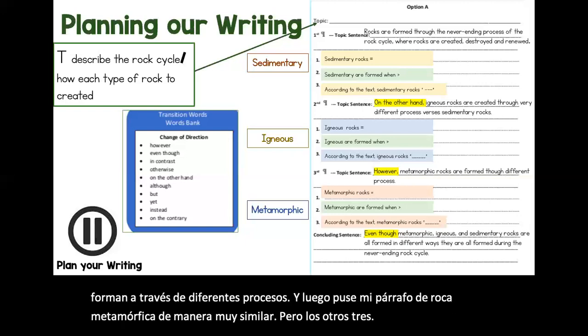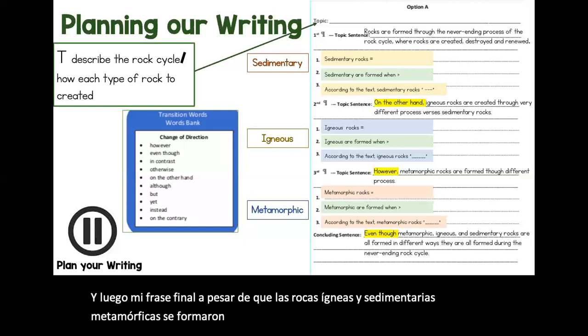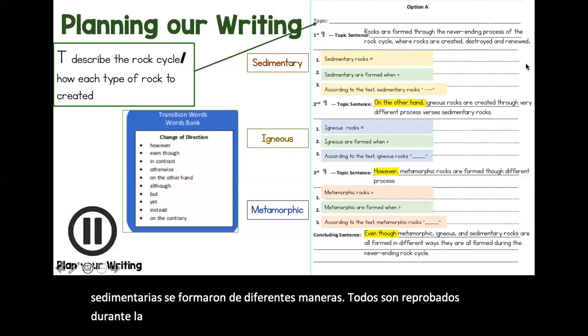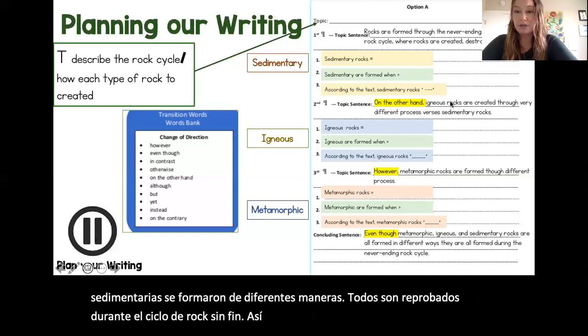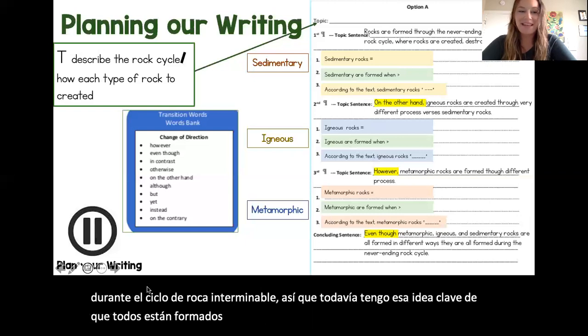And then my concluding sentence, even though metamorphic, igneous, and sedimentary rocks all formed in different ways, they are all formed during the never-ending rock cycle. So I still have that key idea that they are all formed during this never-ending process of the rock cycle.